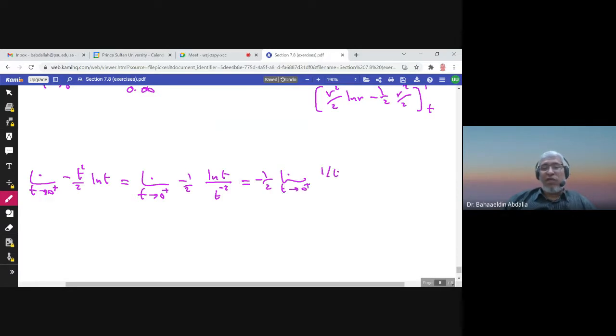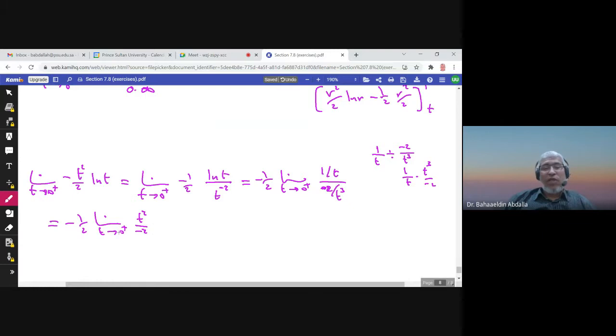The derivative of ln t is 1 over t, and the derivative of t to the power negative 2 is negative 2 t to the power negative 3, or negative 2 over t cubed. Now simplifying, this is 1 over t divided by negative 2 over t cubed. So it's 1 over t multiplied by t cubed over negative 2. So it would be t squared over negative 2.